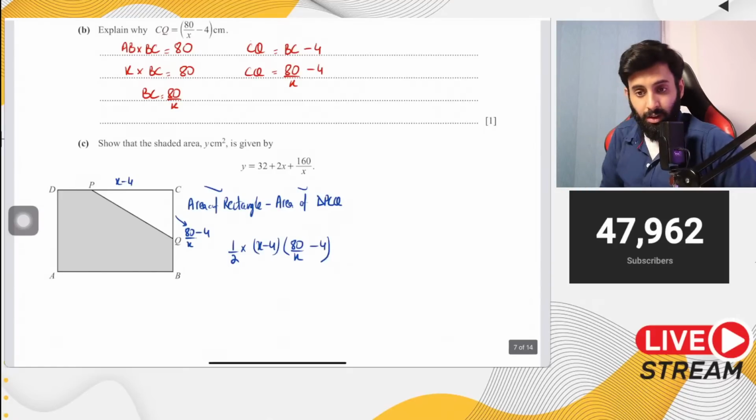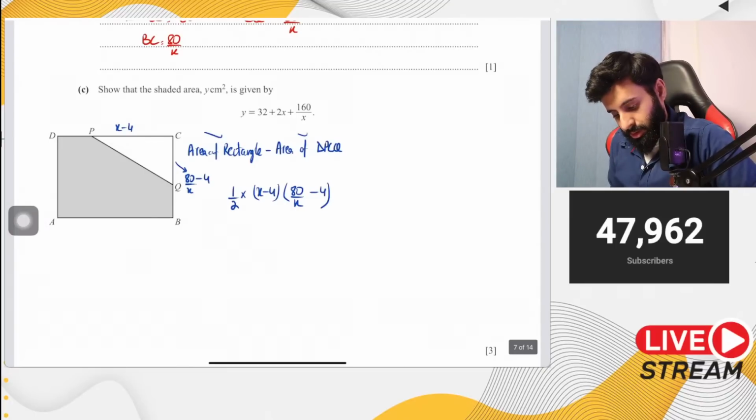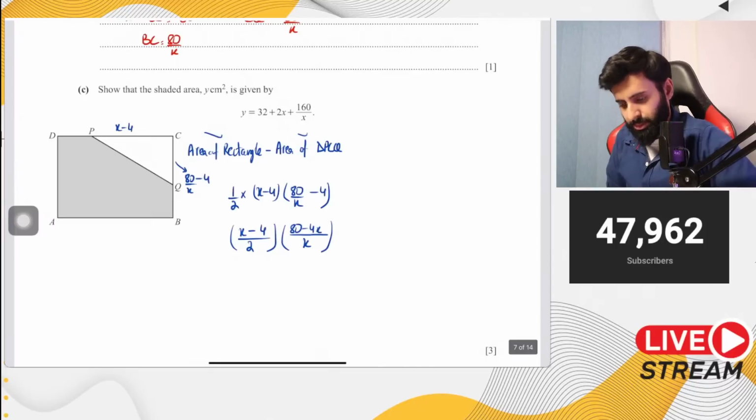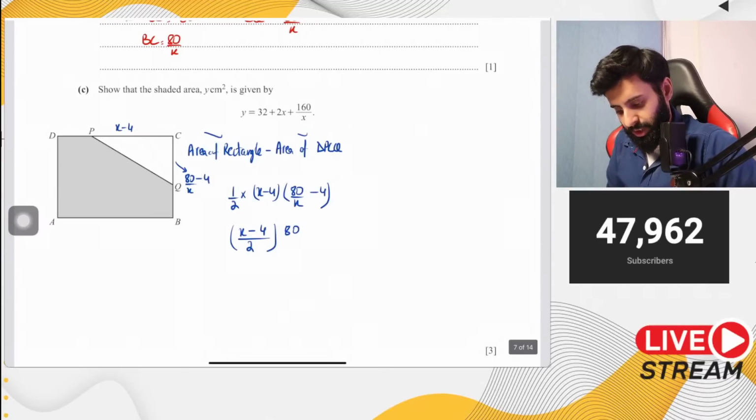Now let's simplify this. In fact, no need to take the LCM actually. Let's just let the half be as it is.